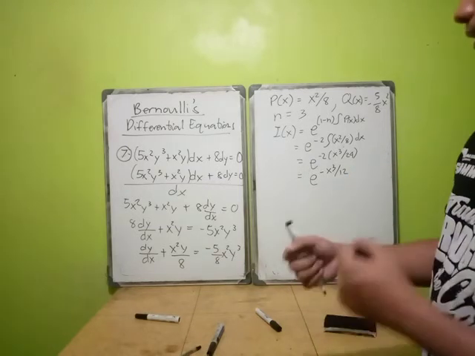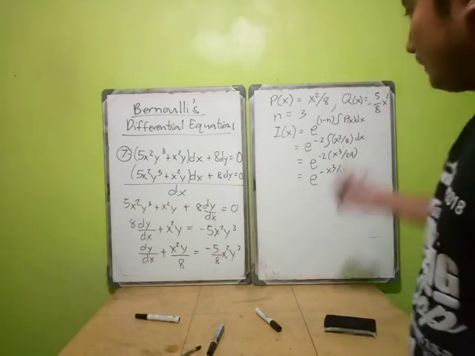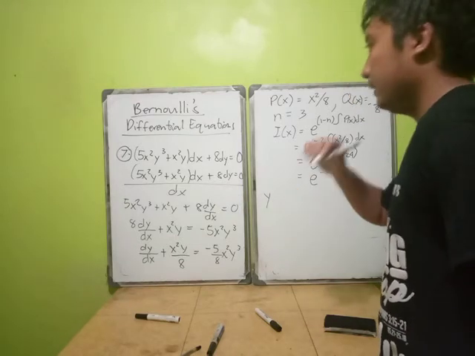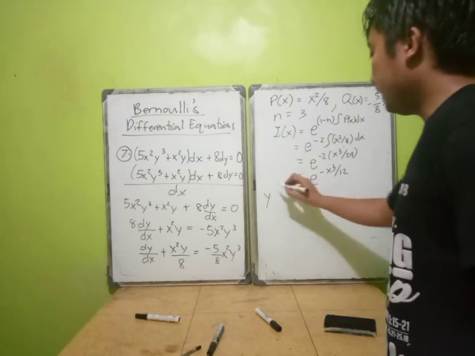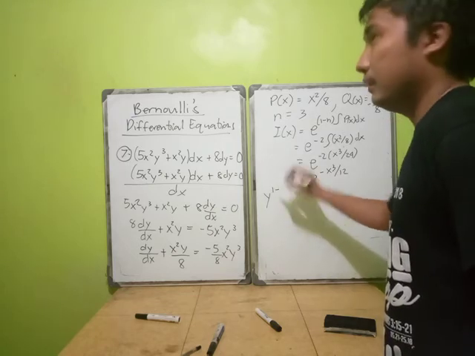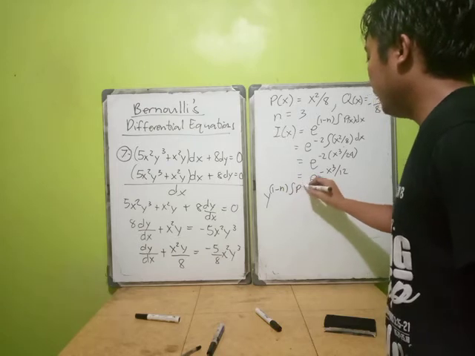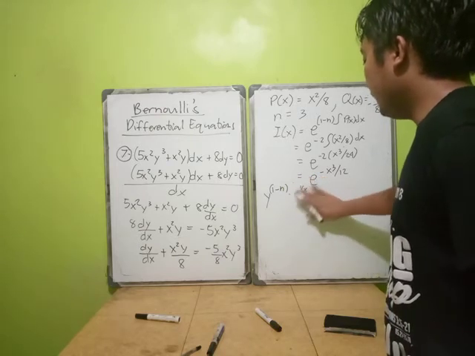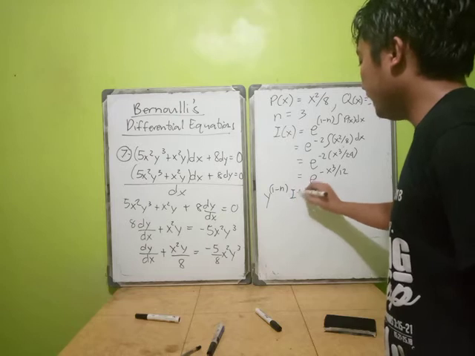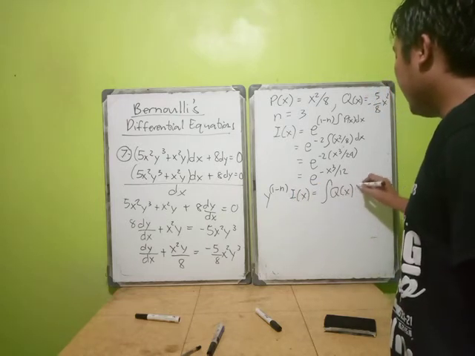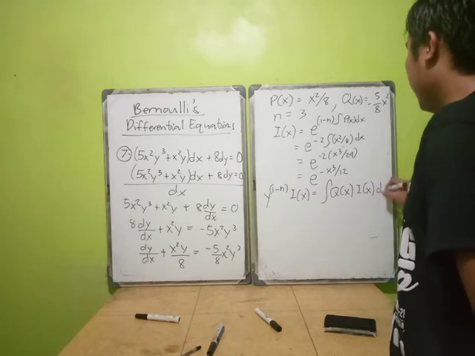So, na-compute natin si Ix. So, pwede natin ilagay doon sa template na y to the power of 1 minus n multiply by I of x is equal to integral of q of x I of x dx. Okay.